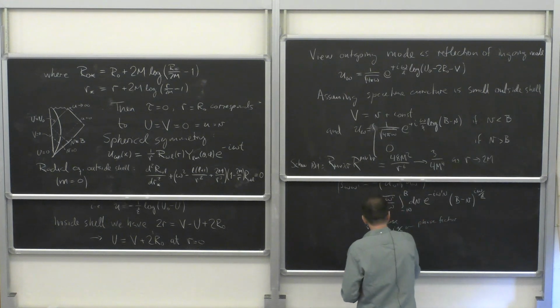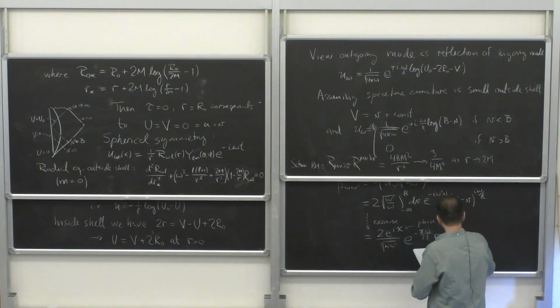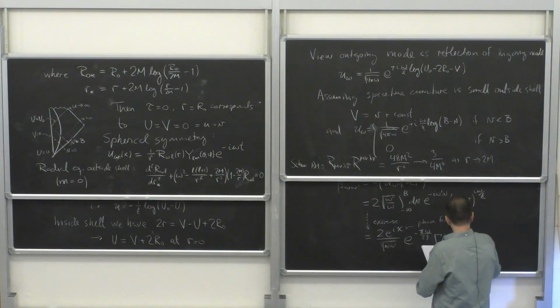You end up with omega prime downstairs. You then have an e to the minus pi omega over 2c times a gamma function of 1 plus i omega over c.